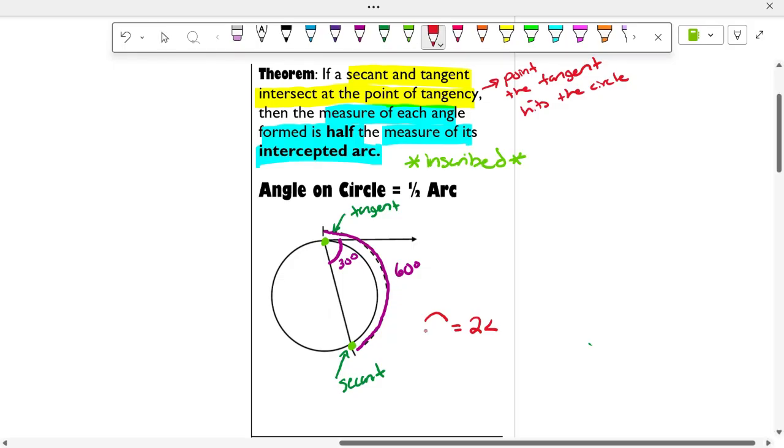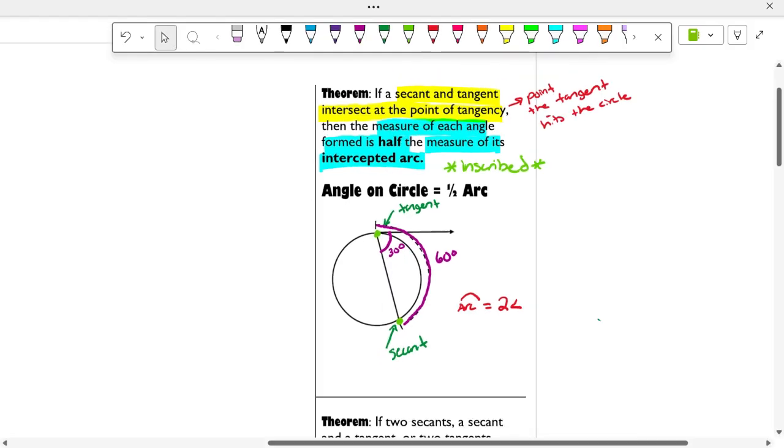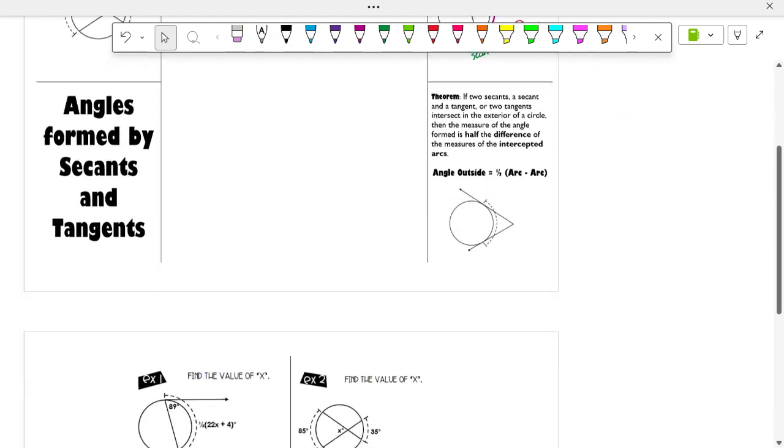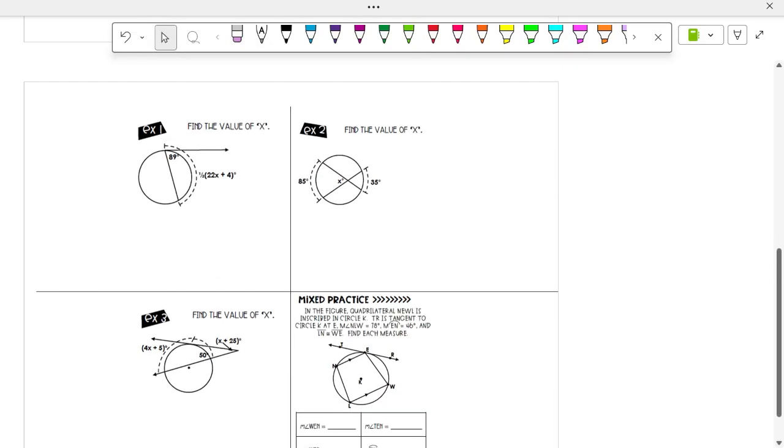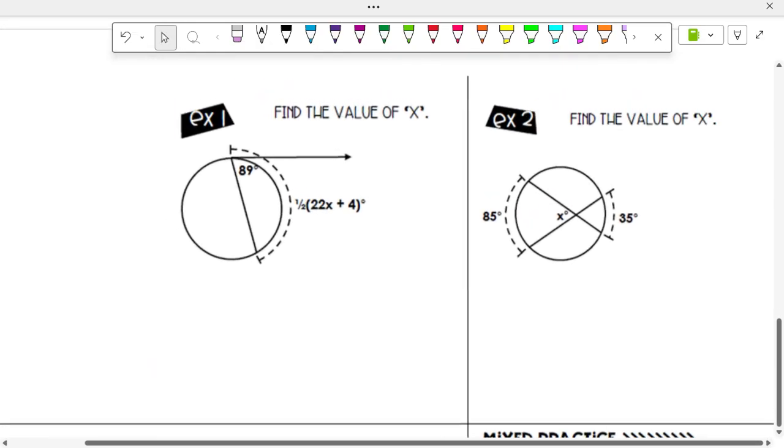Actually, let me write out the word arc. So the arc is equal to twice the angle. All right, let's look at a problem with that. So let's look at example 1 on the inside.